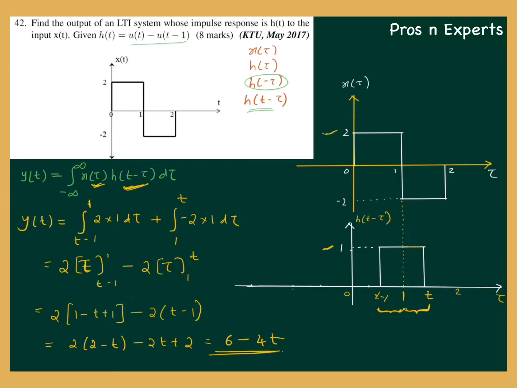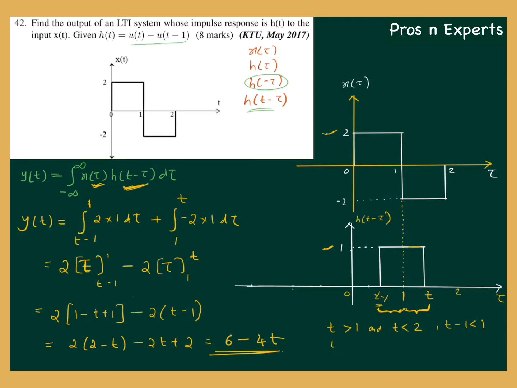And now what is the time interval in which this 6 minus 4t is valid? Actually we should have found it earlier, but no problem, we can find it right now. To obtain the time interval, we see that t is greater than 1 but less than 2. And what about t minus 1? t minus 1 is now less than 1.